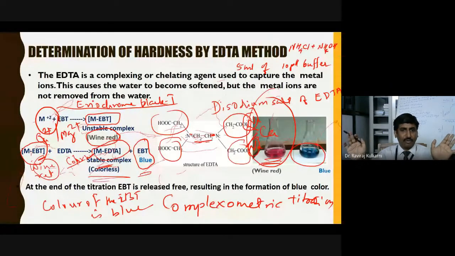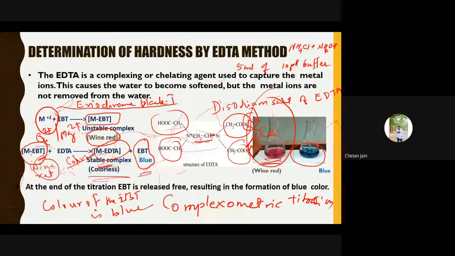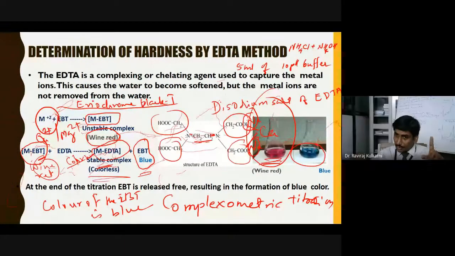At the endpoint, why do you get blue color? At the endpoint, Eriochrome Black T is set free, released, and we know the color of Eriochrome Black T is blue. That's the reason you get blue color. Why does the color change from wine red to clear blue?